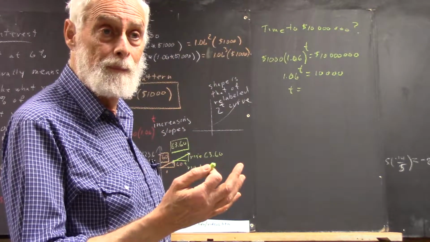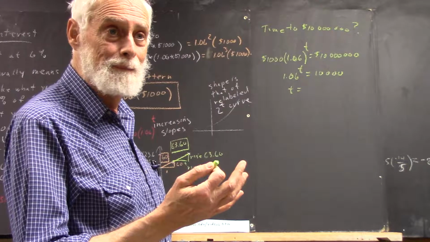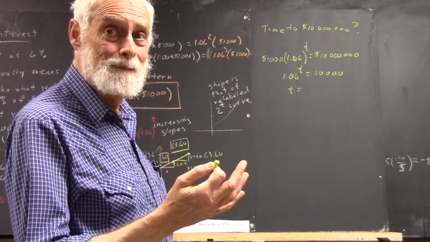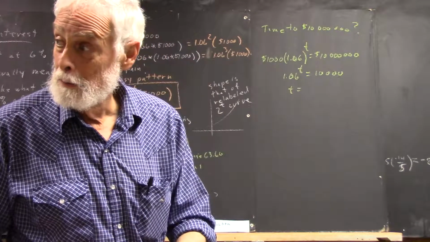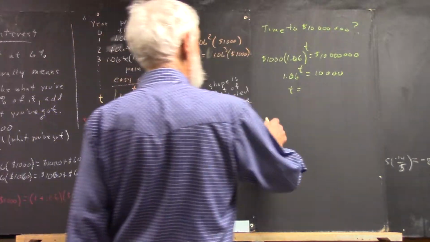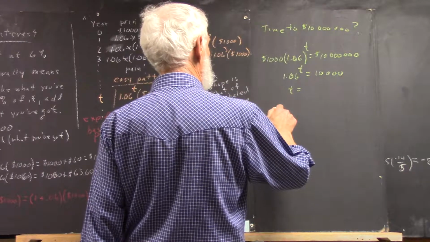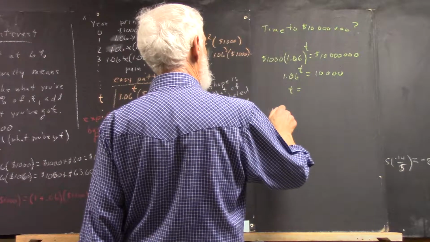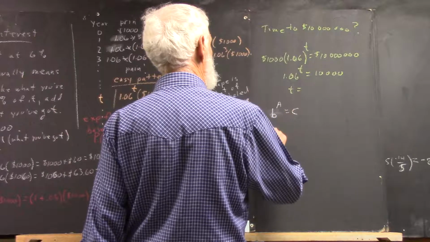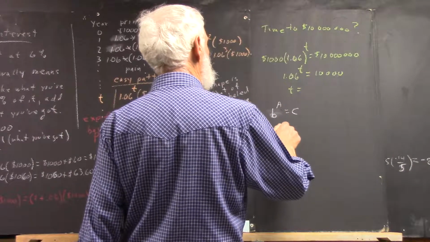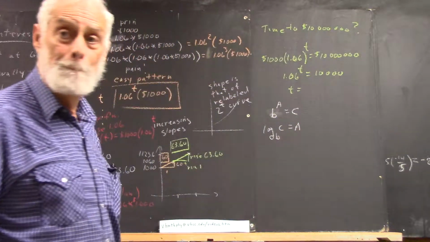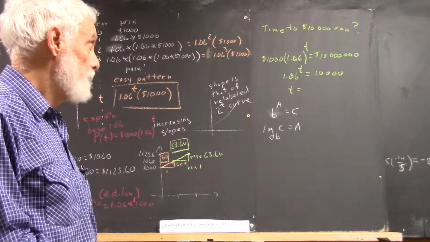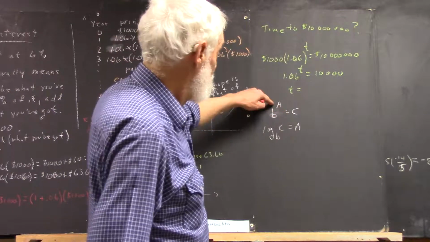A. It's helpful to write down the rule anytime you need it. It should be log base B of C equals A. So 1.06 is B, and T is your A.